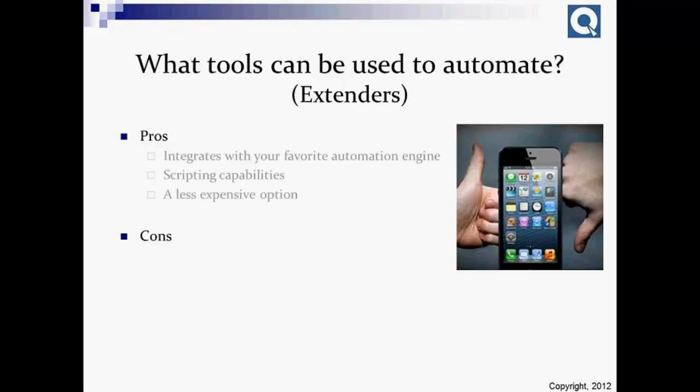The extenders, they're nice because, to summarize, the biggest pro here is that you can work in a product that you're already used to working in. So if you're a QTP shop and you purchase a QTP extender from a third party and you're successful at importing it, you can immediately start creating test cases, and you're working with the screens and workflows of QTP.